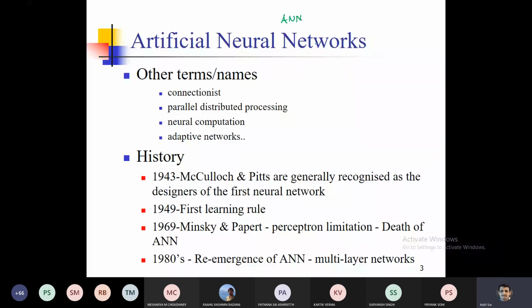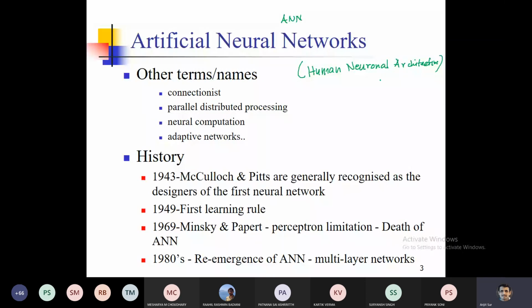This basically is a human neuronal architecture, or a model, same thing.